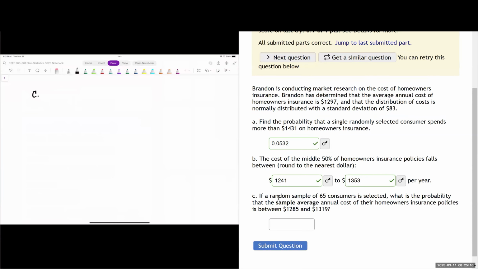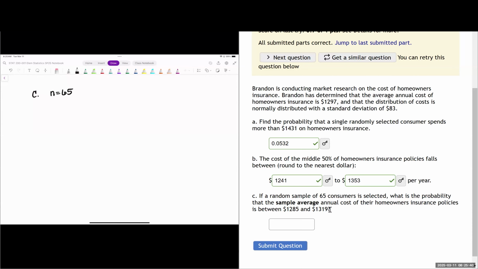In part C, we're asked a question about a random sample of 65 consumers, and we want the probability that the sample average is between the values 1,285 and 1,319. So we have here a sample with a sample size of n equals 65.